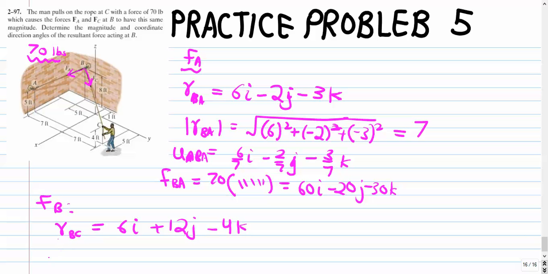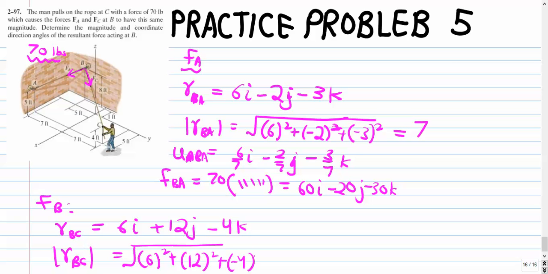Okay, now that we have the Cartesian form of the length vector, we can find the magnitude. And this is equal to 14. The unit vector BC is going to be equal to 6 by 14i plus 12 by 14j minus 4 by 14k.